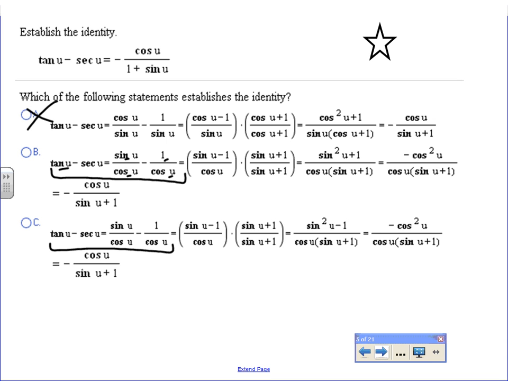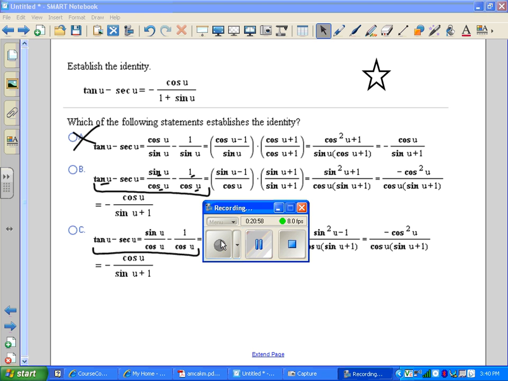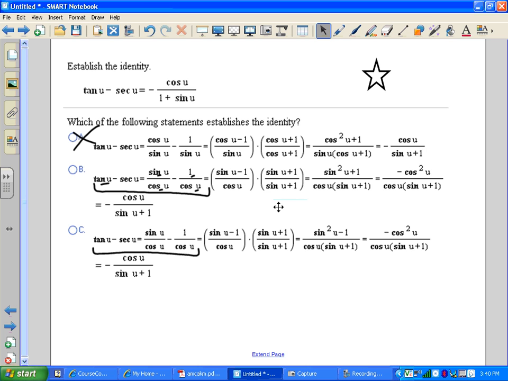And I think what they're doing there on their next step is probably finding a common denominator with that. So notice they've got already common denominators there. Both of them have cosines of u, so the next step looks the same. So they're just taking sine u minus 1 and just putting both of that over cosine right there. And so that step is actually the same.